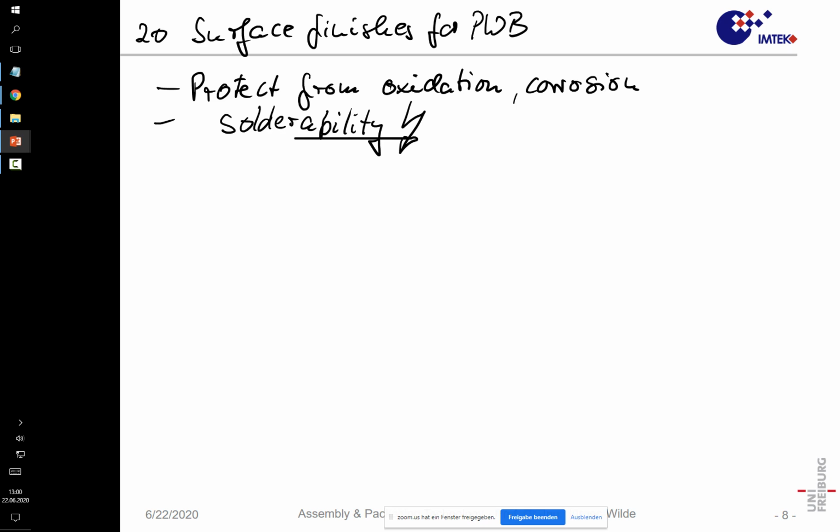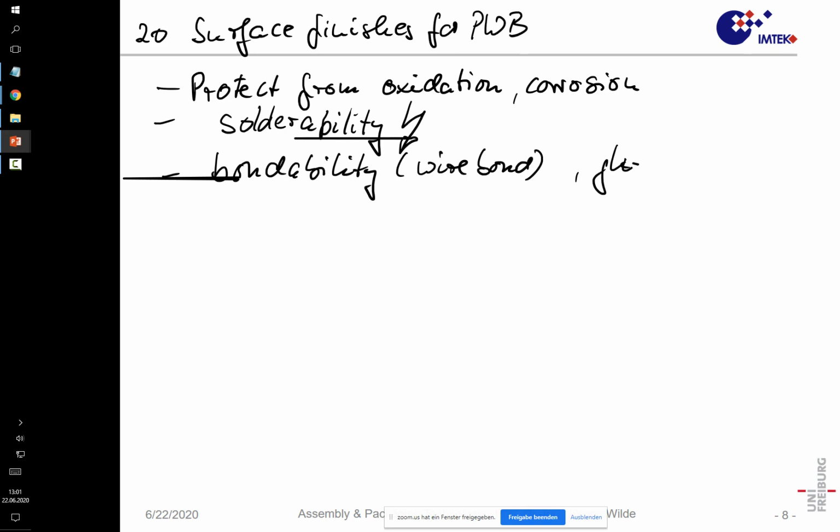And the next is bondability, with wire. And also glue. It must be gluable. So, okay. And now the question is, what kind of finishes do we have?